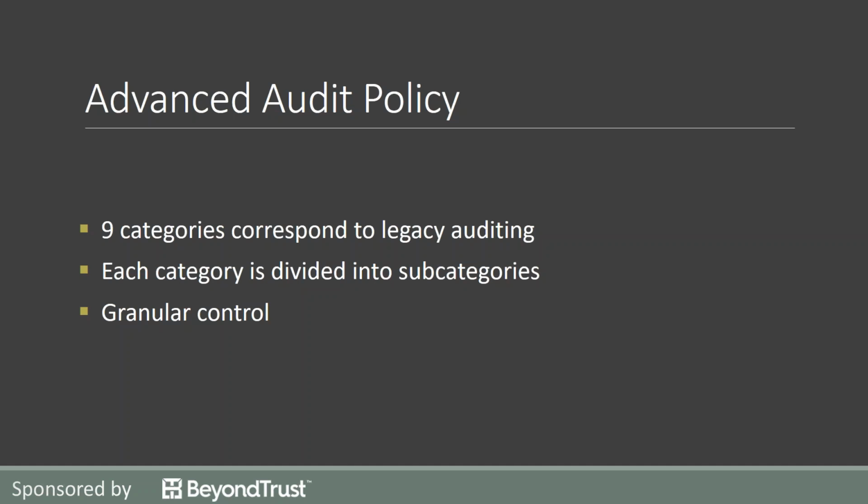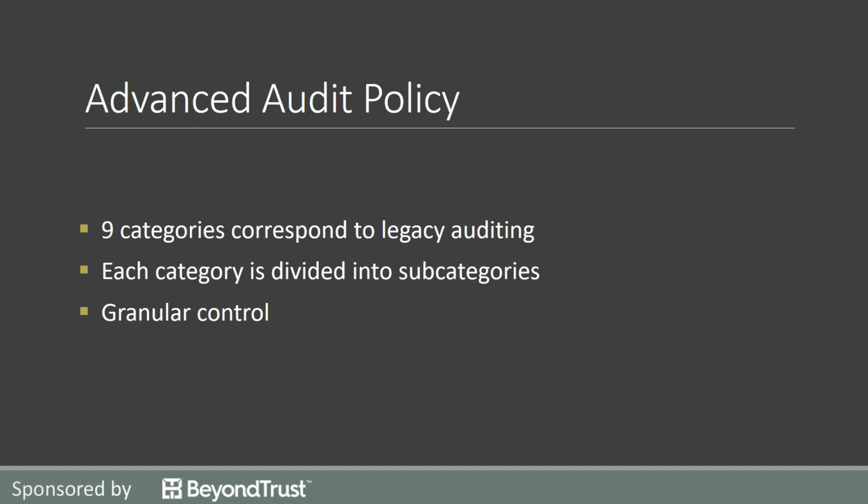Some of them just have 3 or 4 subcategories, some of them more, but the idea of these subcategories is to give you finer control over what is actually logged into your Windows event logs, because too much information, too much noise makes it very hard to do something useful with that information.